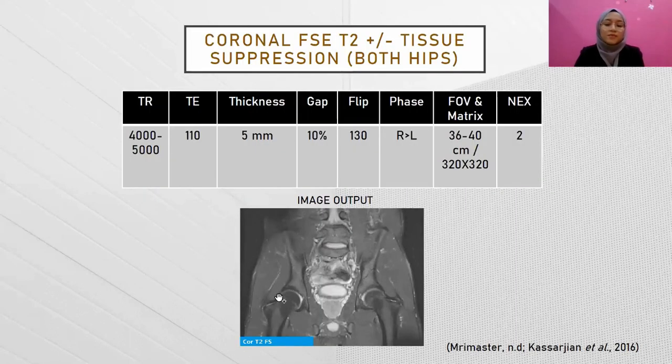Okay, for example, the symptomatic hip is the right side of the hip. So we can use this sequence to compare the symptomatic right hip with the left asymptomatic hip to detect if there is any presence of avascular necrosis on the left side of the hip.